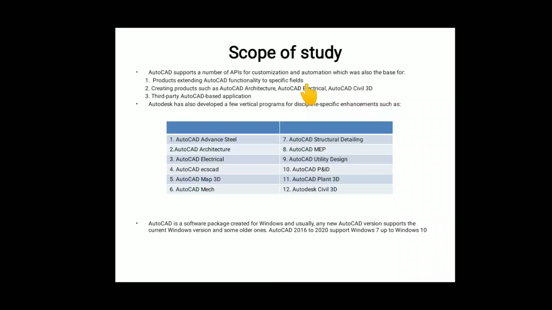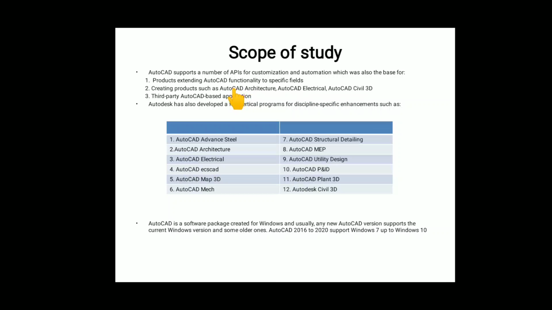We can use AutoCAD for drawing civil engineering tools, for electrical engineering purposes, for mechanical engineering purposes, and so on. Depending upon which type of field we want, AutoCAD gives us various products, such as AutoCAD Architecture, AutoCAD Electrical, AutoCAD Civil 3D, etc. It also gives third-party AutoCAD-based applications.